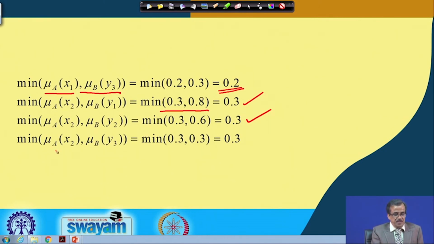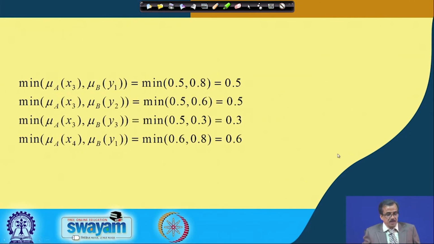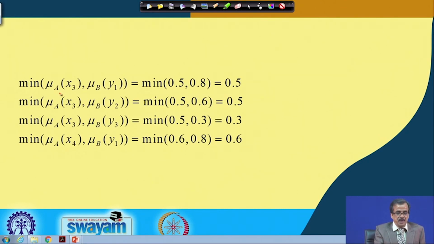The next is the minimum between mu A(x2) and mu B(y3), the minimum between 0.3 and 0.3, which is 0.3. Then the minimum between mu A(x3) and mu B(y1), the minimum between 0.5 and 0.8, is 0.5.